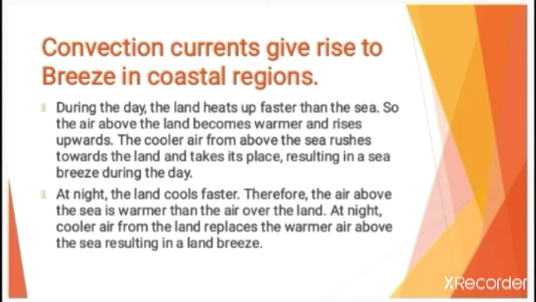The cooler air from above the sea rushes toward the land and takes its place, resulting in a sea breeze during the day. And at night, the land cools faster. Therefore, the air above the sea is warmer than the air over the land. At night, cooler air from the land replaces the warmer air above the sea, resulting in a land breeze. You can understand this through this diagram.